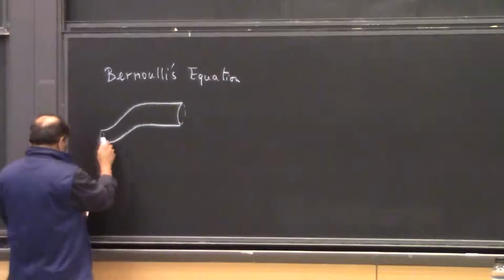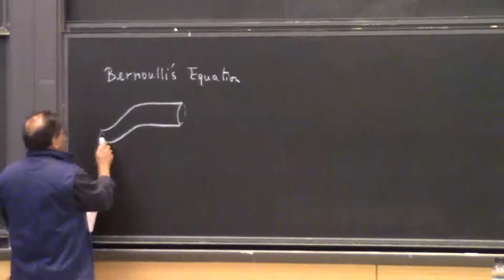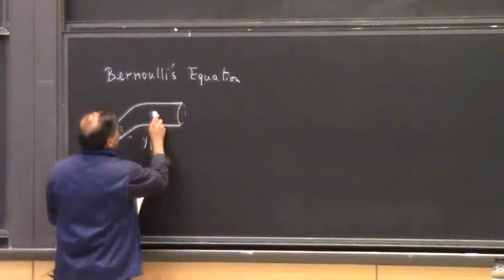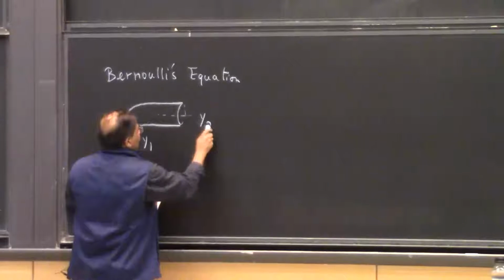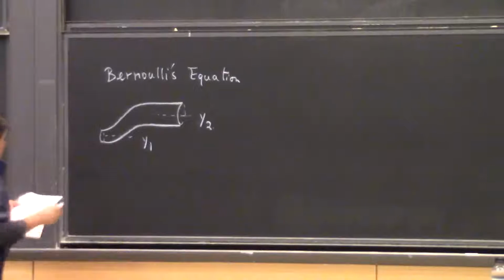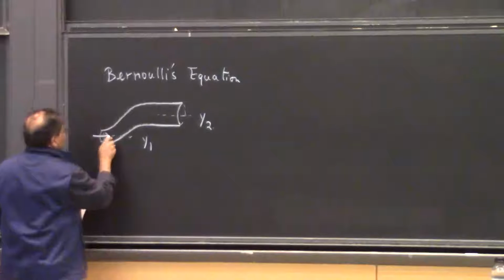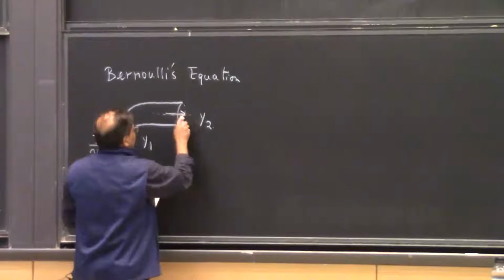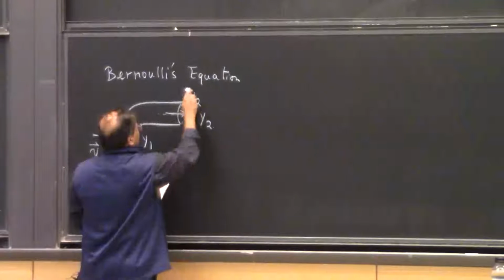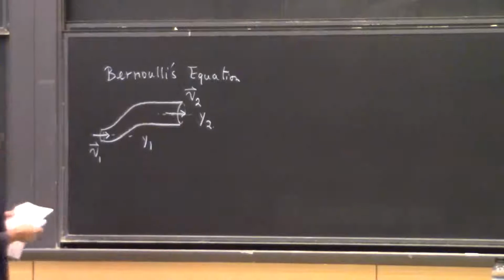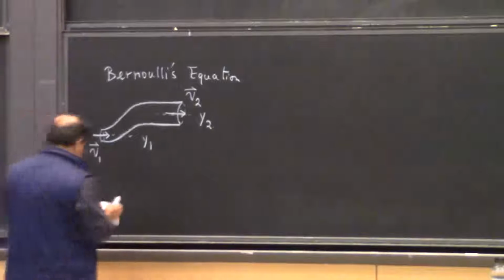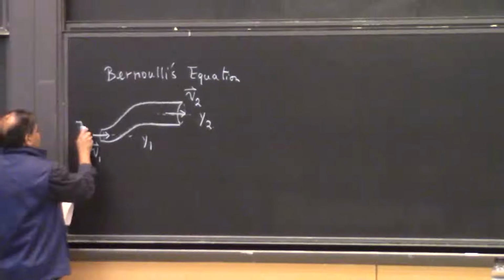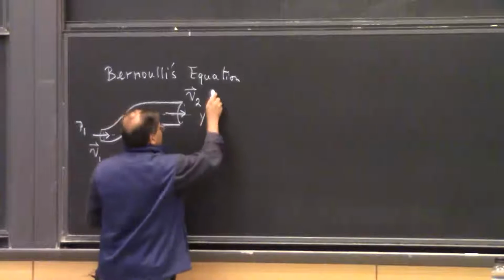So let us say that the level here is y1 and the level here is y2, and I have the fluid moving in here at velocity v1, and the fluid is moving there at some velocity v2, and the density of the fluid is rho, and the pressure here is P1 and the pressure here is P2.